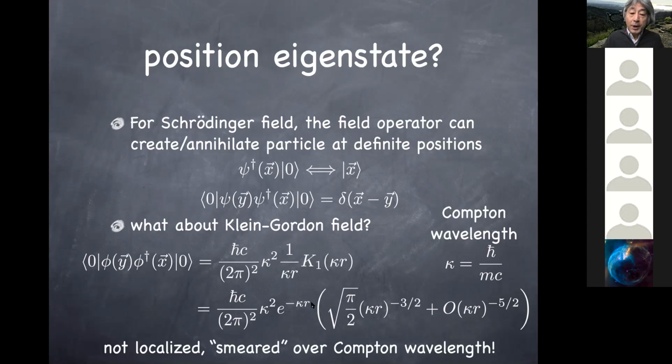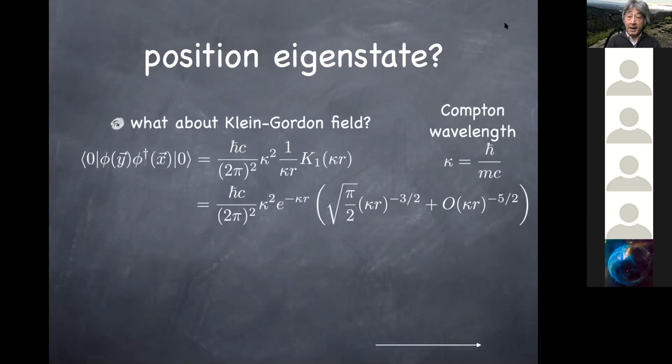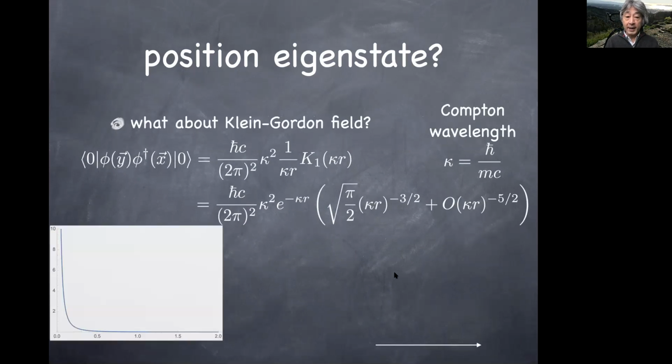The only book where I could find an explanation of this fact, that the particle cannot be totally localized once you go to relativity, was the book by Landau and Lifshitz on relativistic quantum mechanics. And what they said is this. First of all, this inner product is really sharply peaked when two positions overlap.